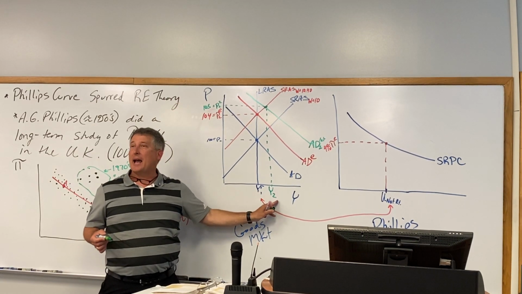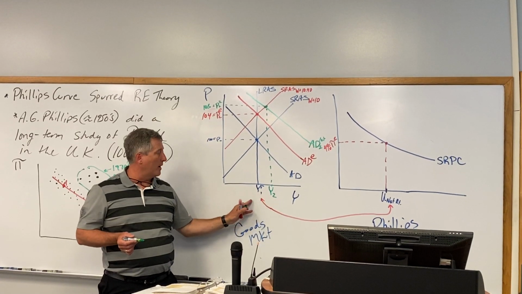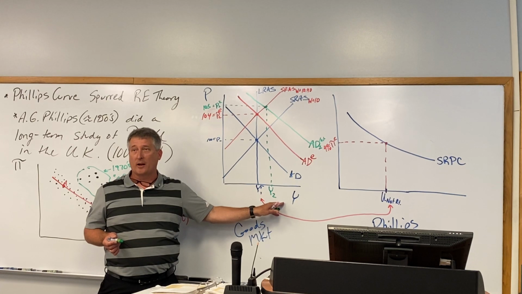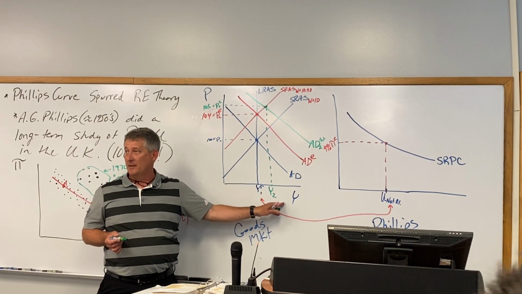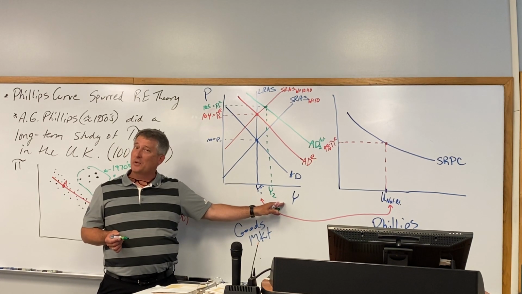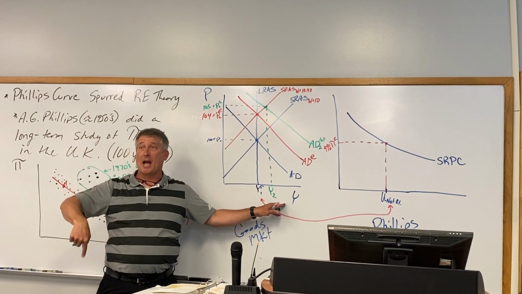GDP is high, so does unemployment go down or up when GDP grows? When the economy's growing, are there more people working or less? More, which means unemployment is down.